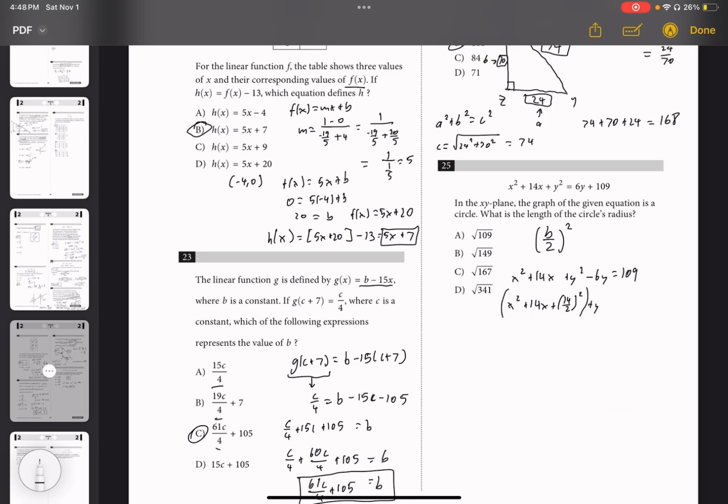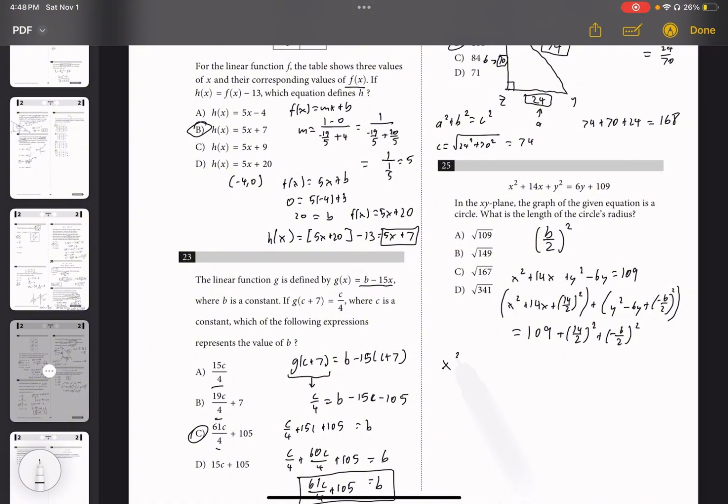I'm going to put this in parentheses, and then we'll put this in parentheses too, so it separates our y and x variables. So y squared minus 6y plus negative 6 over 2 squared. And all of this is going to be equal to 109 plus 14 over 2 squared plus negative 6 over 2 squared.